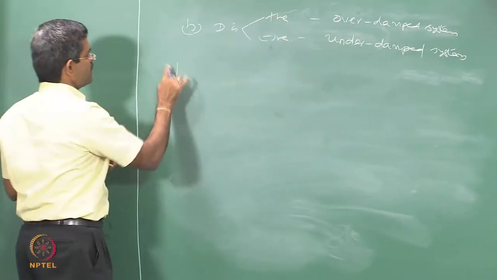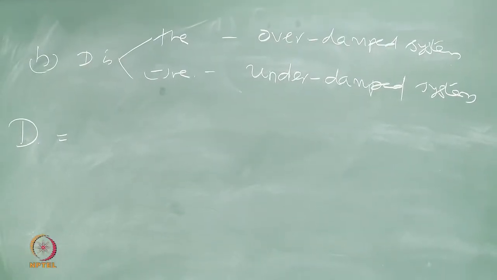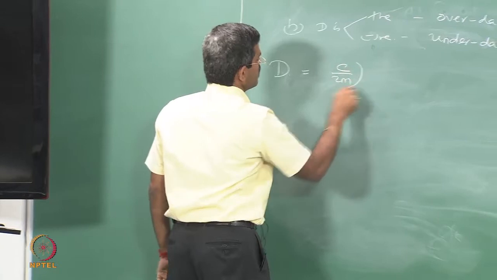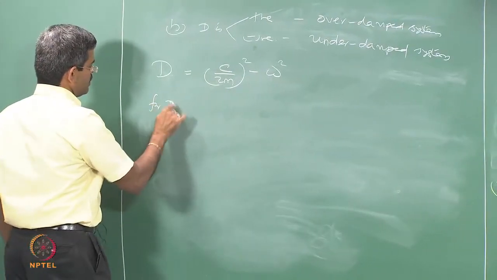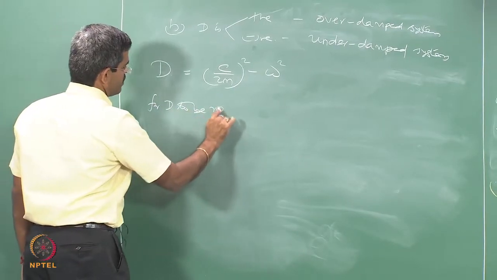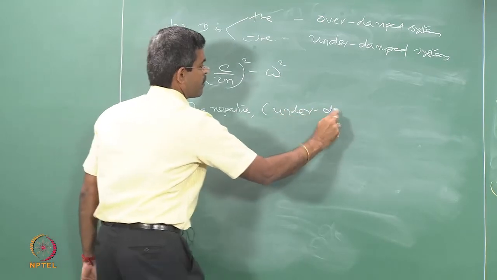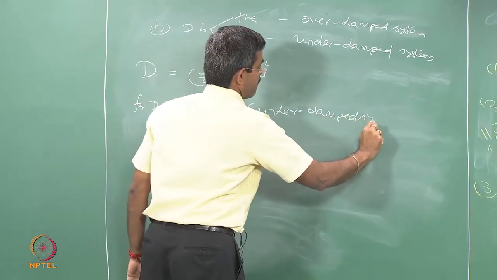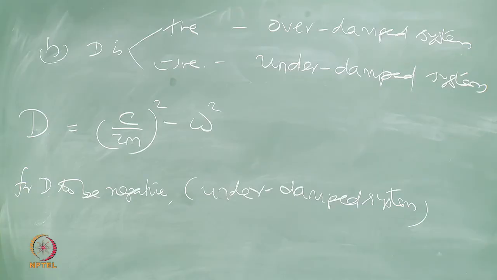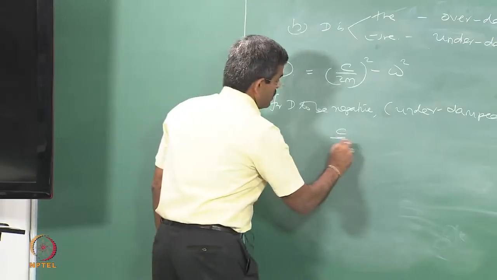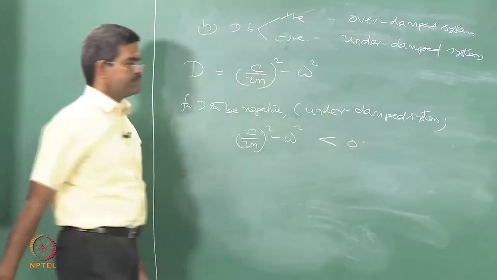Let us write down the equation for the discriminant again. D is (C by 2m) square minus omega square. That is the D term. For D to be negative, that is an underdamped system, (C by 2m) square minus omega square is less than 0.